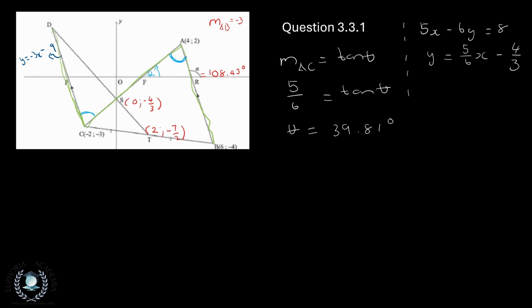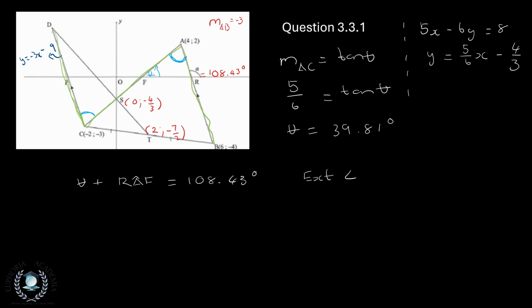So we know that our theta plus the angle indicated, RAF, is equal to 108.43 degrees. The reason for that is we're working with the exterior angle.